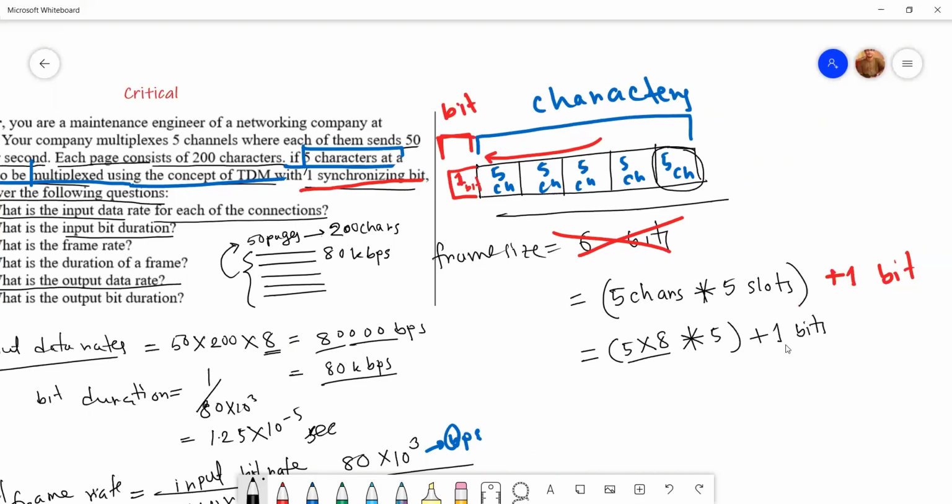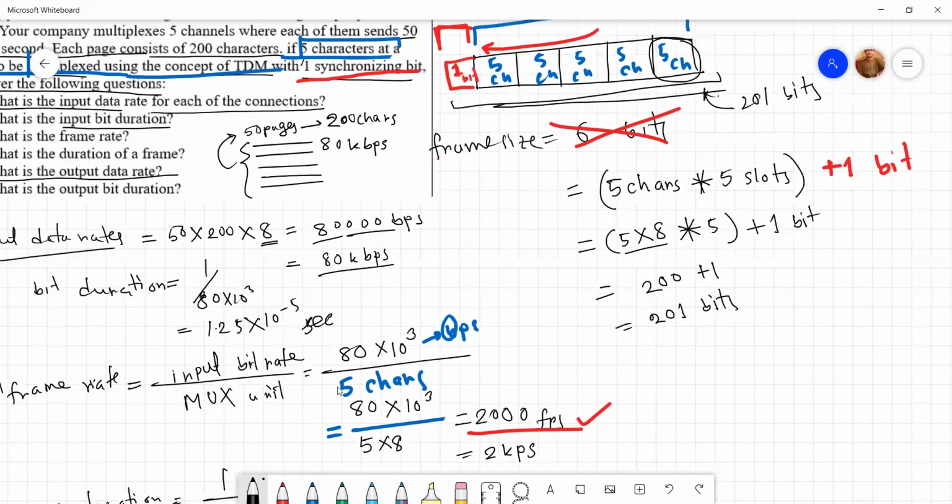So basically, this is going to be 5 into 8, 40, 40 into 5, that is 200, plus 1. So basically that gives you 201 bits. So your frame size, in this case, is a total of 201 bits.